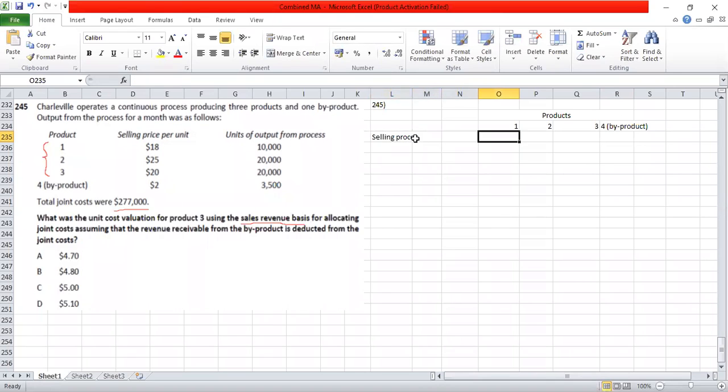Selling price is 80, 25, 20 and 2. Then we see the number of units of output.